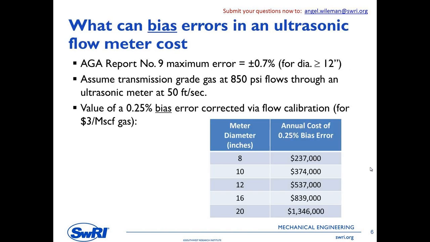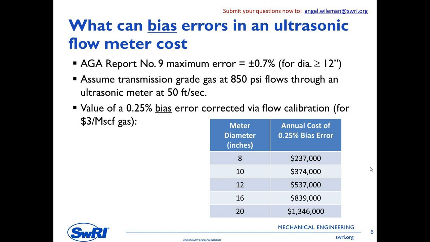By way of example, if we look at an ultrasonic meter and we say, okay, there's a bias error in the ultrasonic meter, and if that bias error is only 0.25%, keeping in mind that AGA 9 will allow up to 0.7% error in that meter without it being wrong, right?